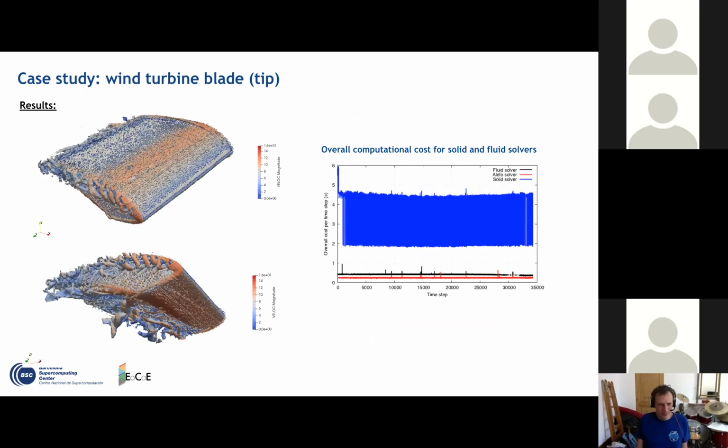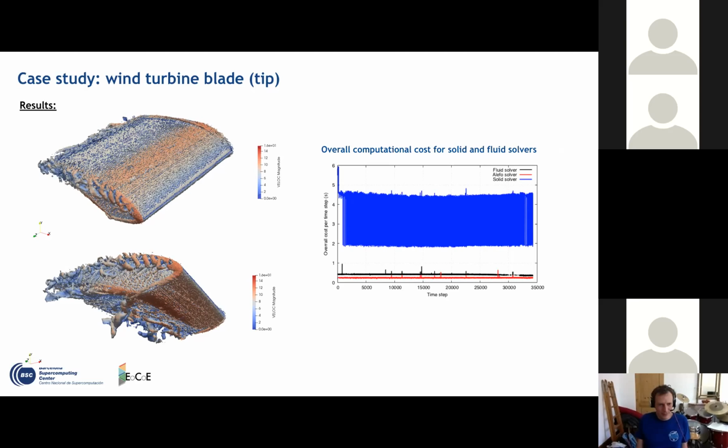Okay, so here we can see some results of this fluid structure interaction. We can see the different flow around the deformable body on the left side, and on the right side we have the overall computational cost for both solvers.